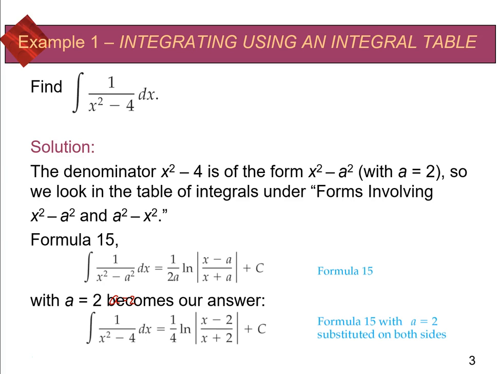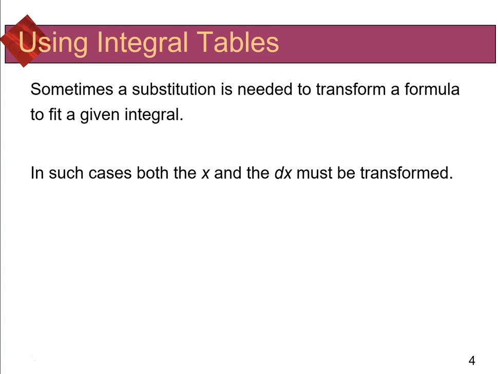Sometimes it gets a little bit challenging to pick which one's going to work. Sometimes you have to do a substitution to transform a formula to fit a given integral formula. In such cases, both the x and the dx must be transformed.